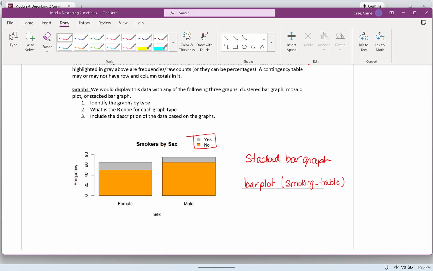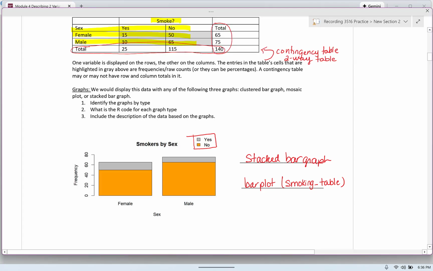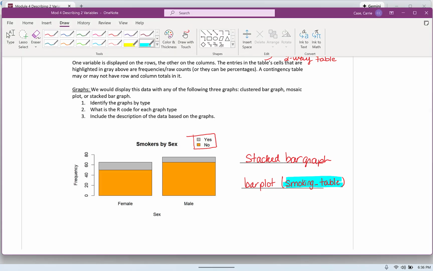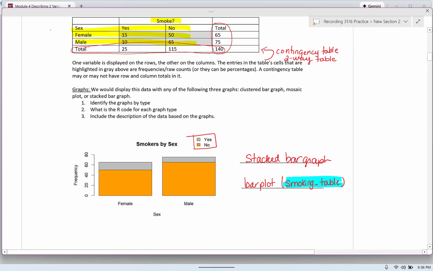And so again, that just came from the contingency table we made above. All right, let me write that down. This is the contingency table we make in R.